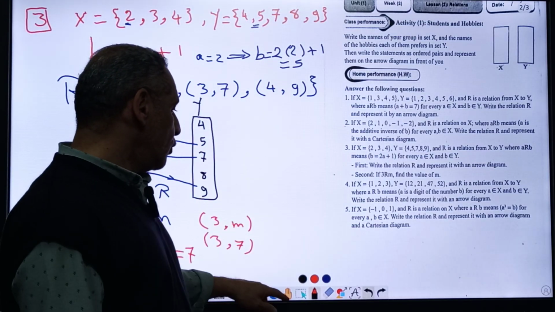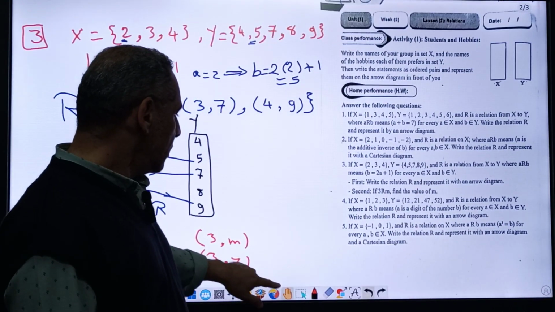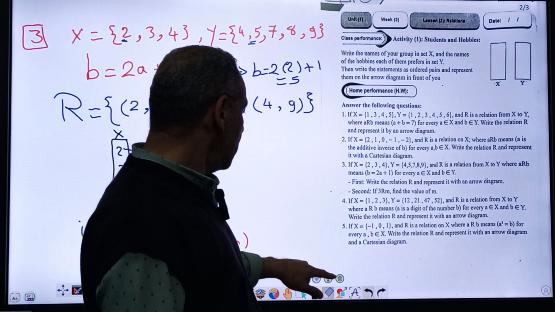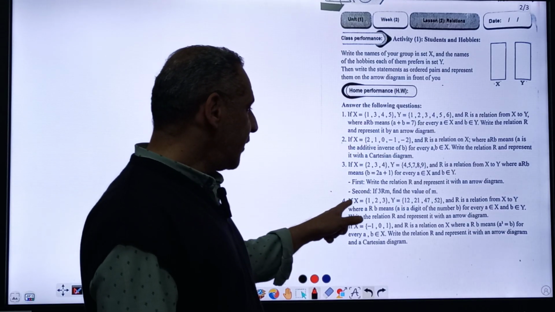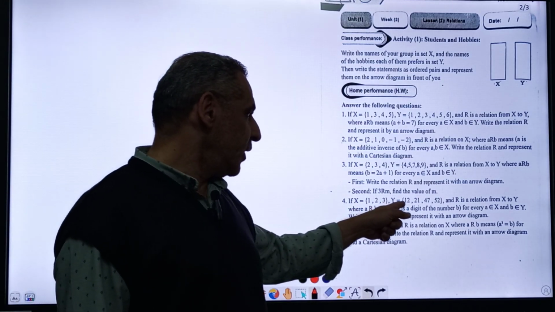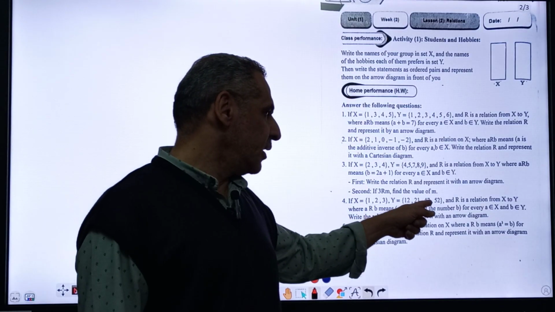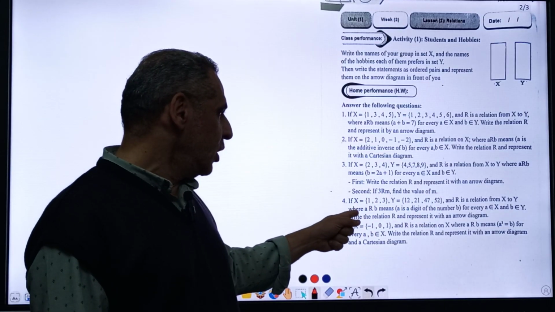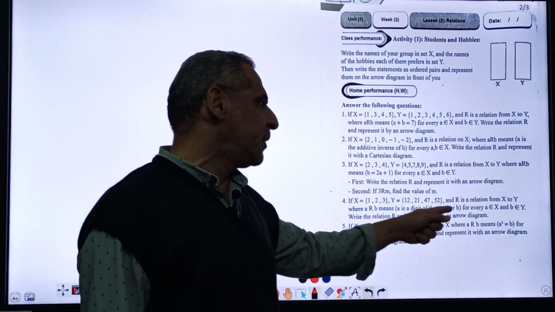طيب question number 4. عندنا في question number 4: if X set of element 1 and 2 and 3, Y set of element 12 and 21 and 47 and 52, and R is a relation from X to Y, where a R b means a is a digit of the number b.